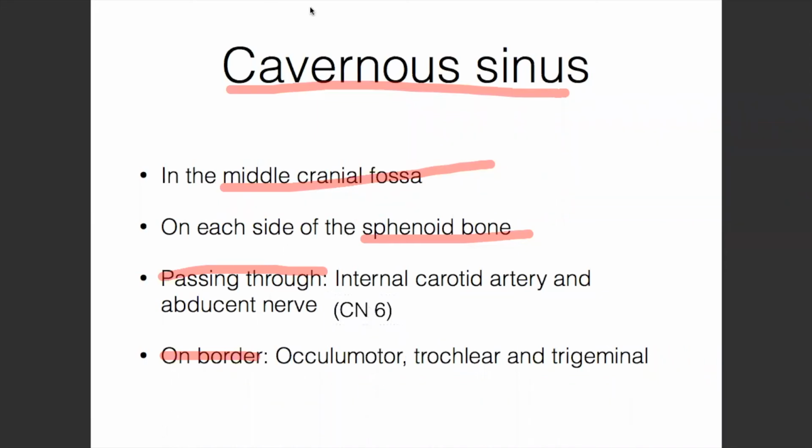And structures that are passing on its border are the oculomotor, trochlear, and trigeminal, so cranial nerves 3, 4, 5. Passing through it is cranial nerve 6 and the internal carotid. Passing on its border are cranial nerves 3, 4, 5. Okay?